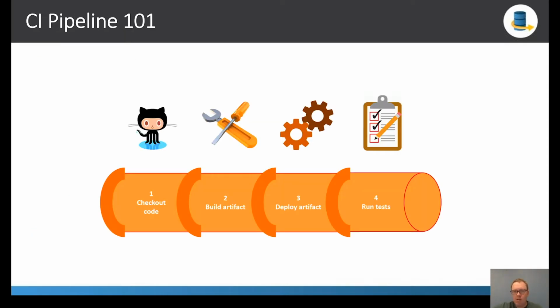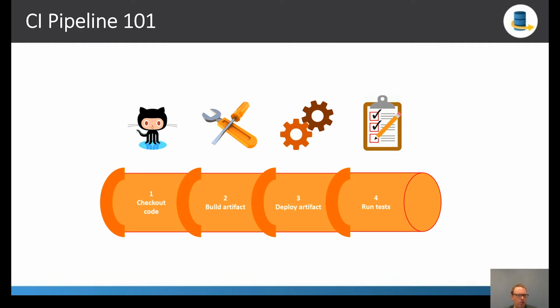Okay, so moving on to CI pipelines, they consist of 4 basic elements irrespective of how our software is constructed, what languages, frameworks, tools it uses, or where it runs. First off, we need to check out code from the source code management system.